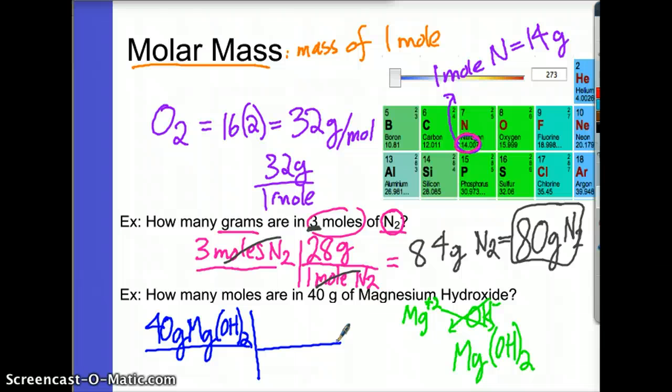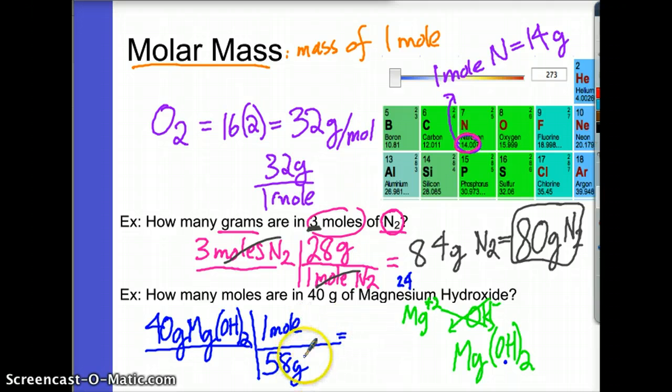And if I do a little bit of rounding, magnesium has a mass of 24. OH is 17, and I have 2 of them. So 17 times 2 would give me 34, plus 24 would give me 58 grams per 1 mole.